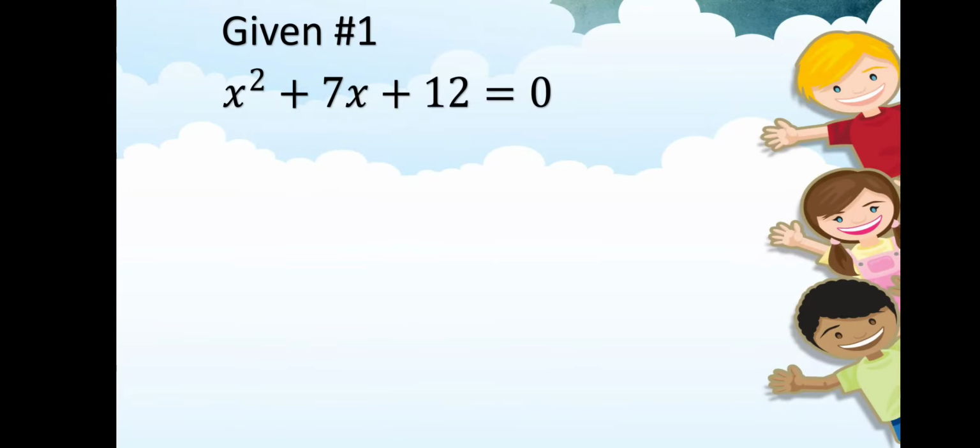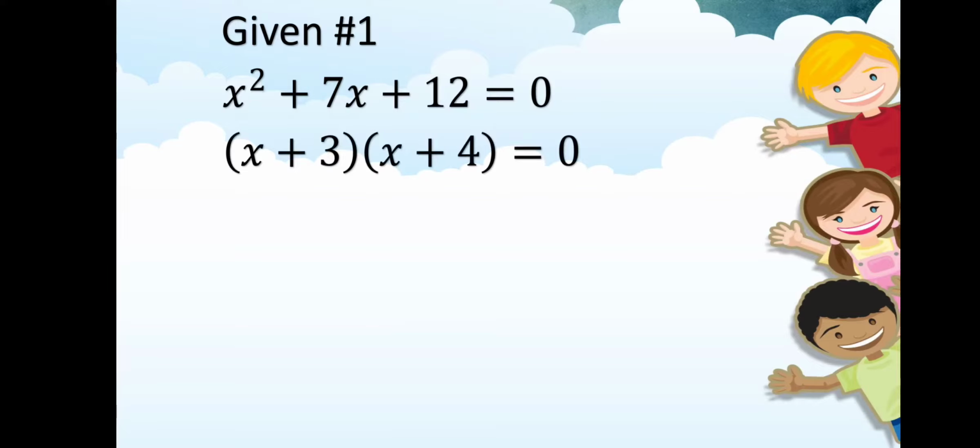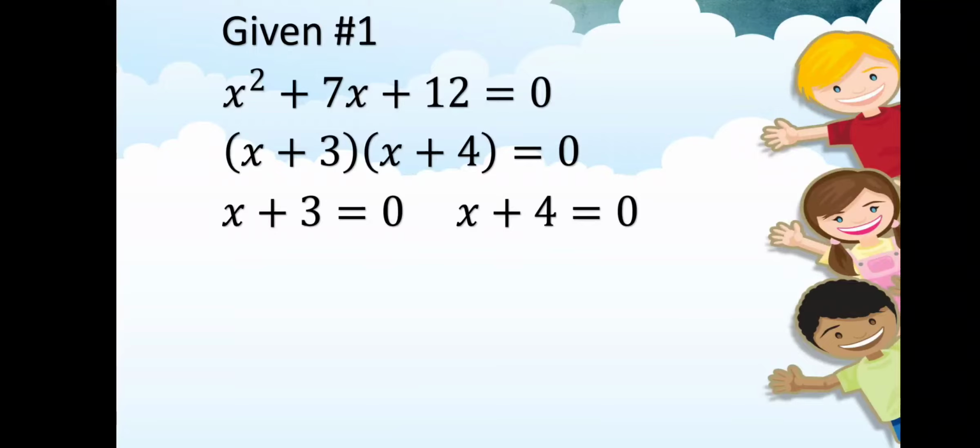So we'll have x plus 3 multiplied by x plus 4 is equal to 0. Then let us equate the two factors to 0. We'll have x plus 3 is equal to 0 and x plus 4 is equal to 0. Let us simplify on the left side, which is x plus 3 is equal to 0.